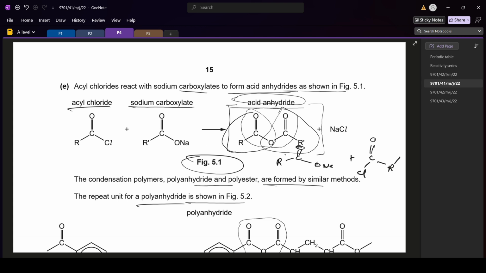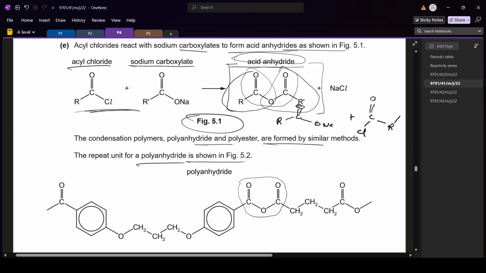Both would be possible if you hadn't been given these formulas.